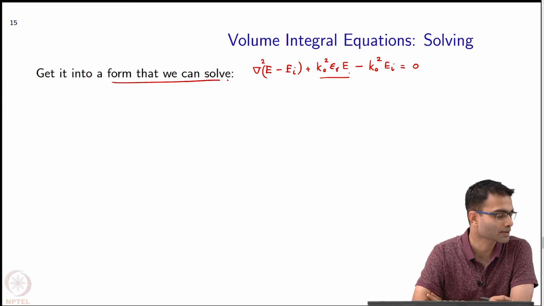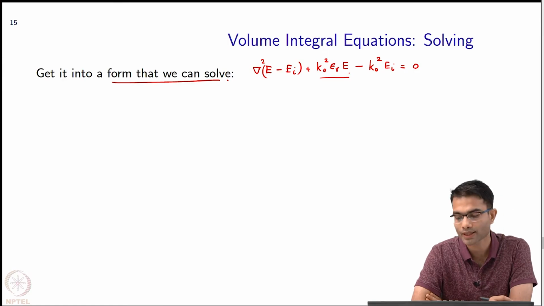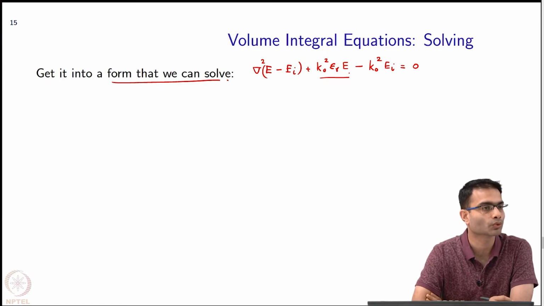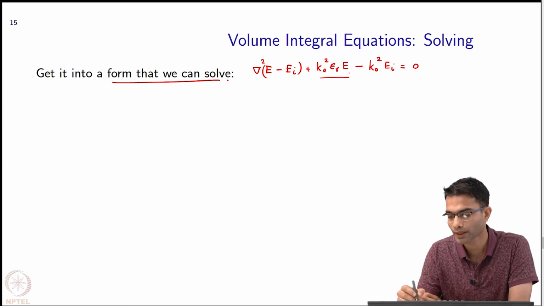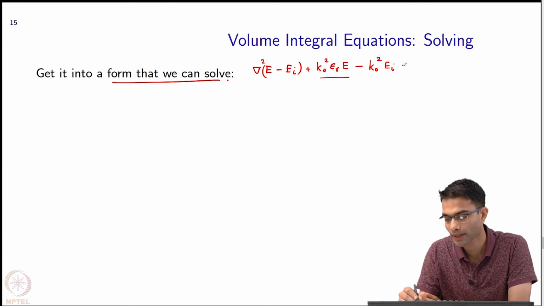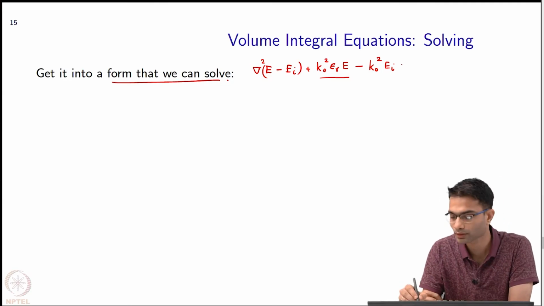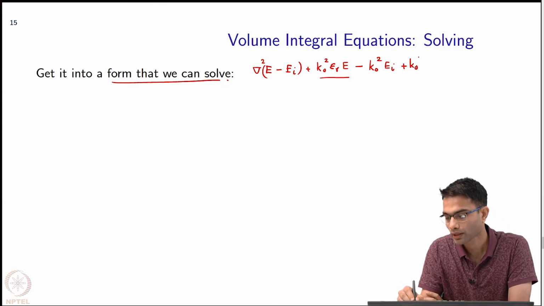Just move it to the right hand side. But if I move it to the right hand side, I no longer have an E term to go along with k naught squared. So, very simply, let me add and subtract a common term. What if I add k naught squared E on both sides?